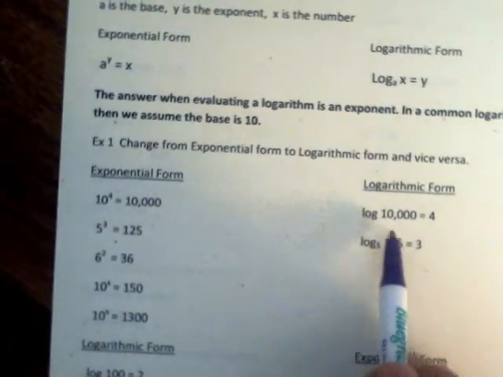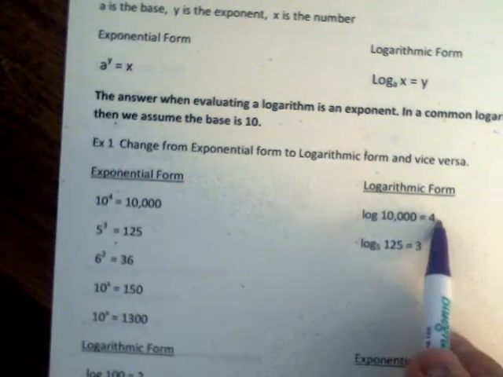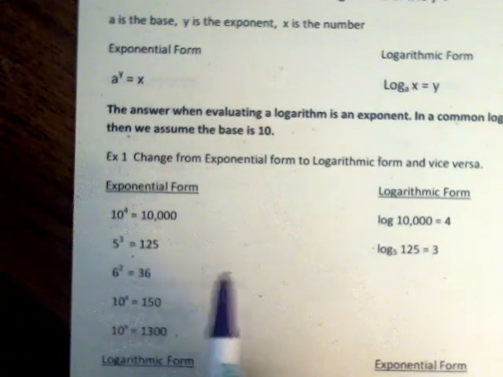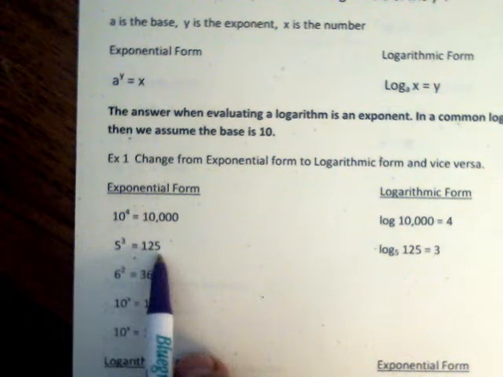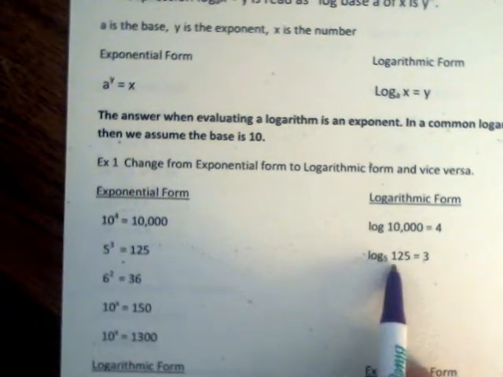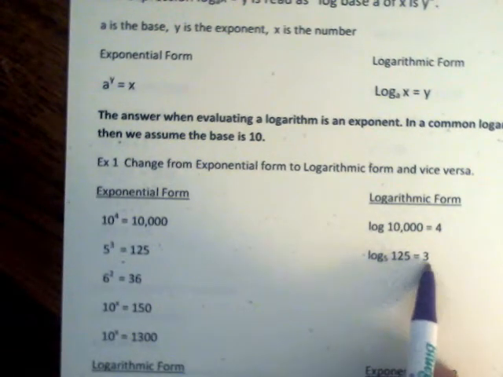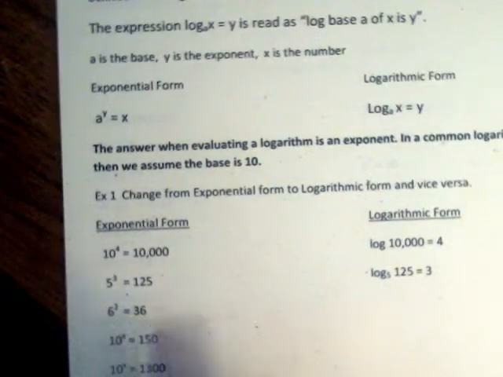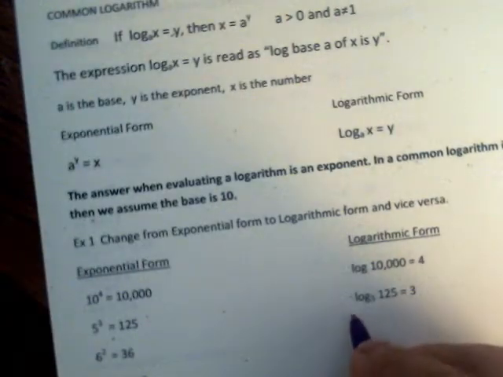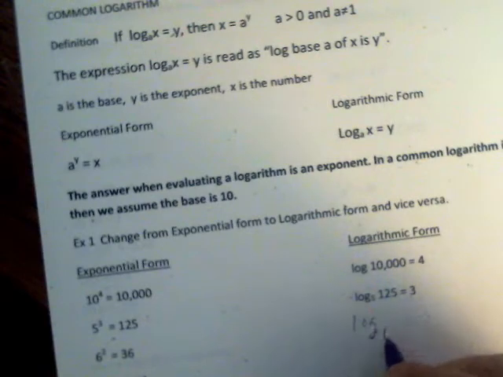That means with a base of 10, the power of 10 is 4. That gives me 10,000. If I have 5 cubed is 125, I can say log base 5 of 125 is 3. 6 squared is 36. Log base 6 of 36 is 2.